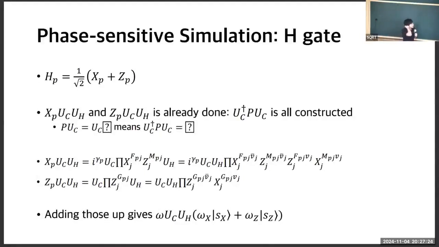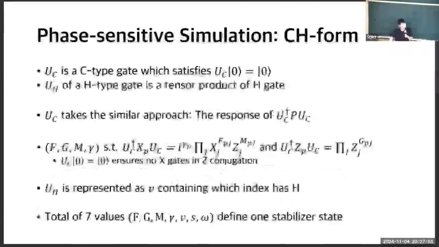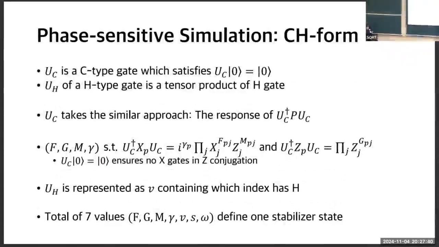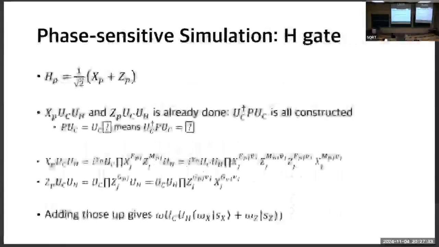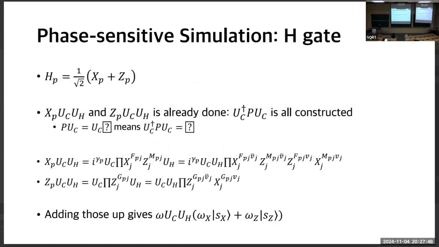And for X_P UC UH and Z_P UC UH, it can be not that intuitive, but we actually already prepared for that because the definitions of F, M, G and gamma are already using X_P UC here. So actually this is more like a commutator, because if we have X_P UC, then we can change it to UC and what?